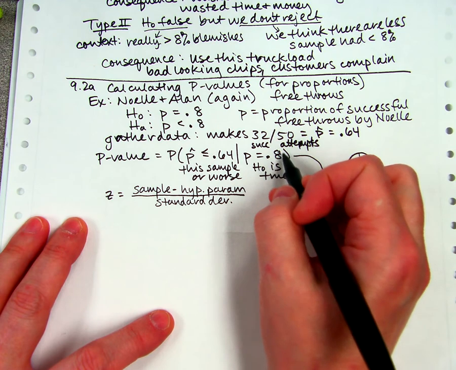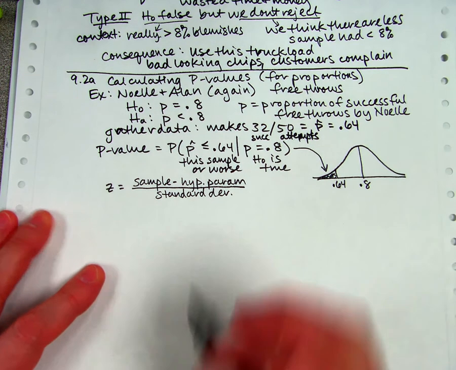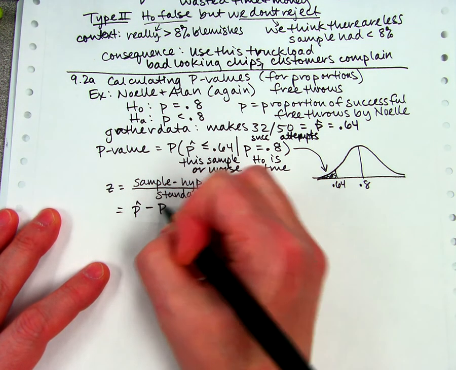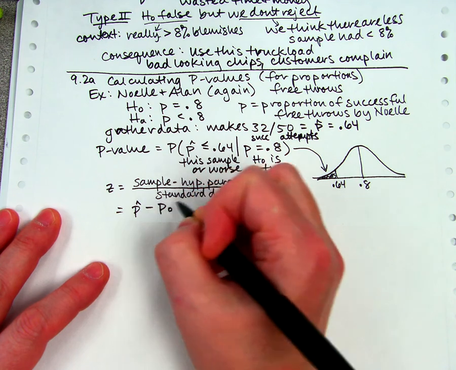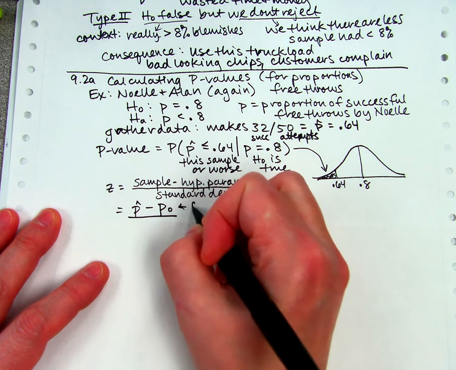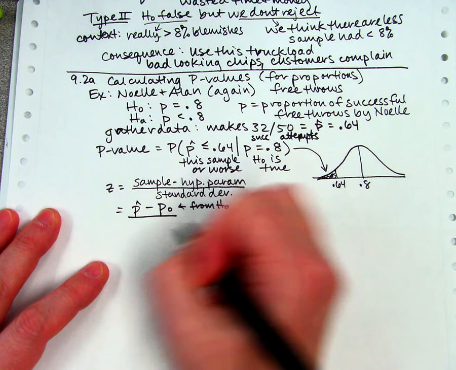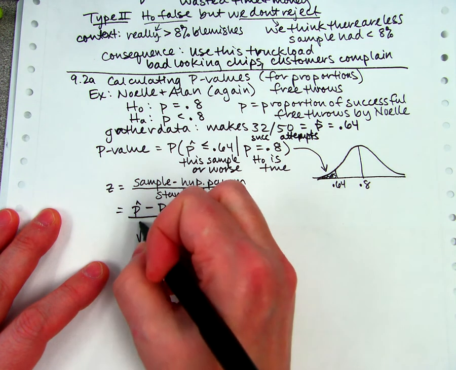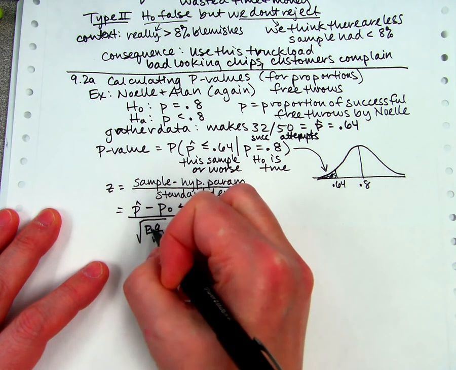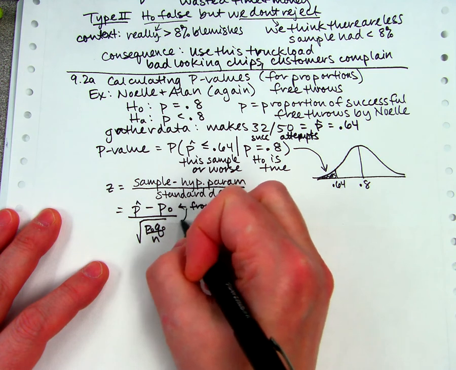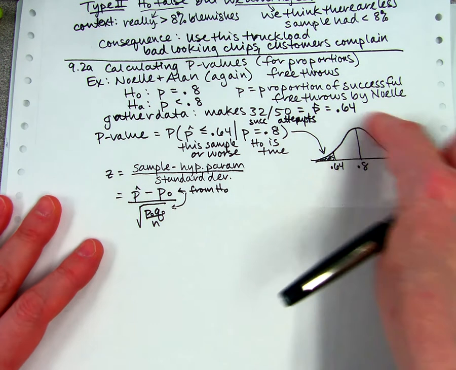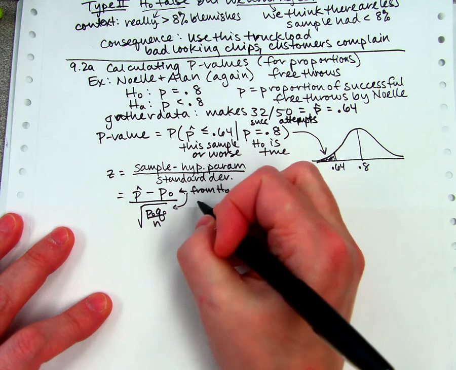We're going to calculate it from p since we think we know what p is. So we're doing p-hat minus what we think p is. I'm going to call it p0 because we don't know for sure if that's p. And we're going to use that p0 value that came from our null hypothesis to calculate the standard deviation, which remember is the square root of PQ over N that we learned long ago. So P0Q0 over N, we're using those numbers from the null hypothesis to get as accurate as we can on this normal curve.